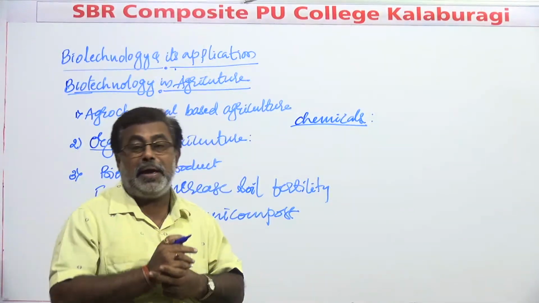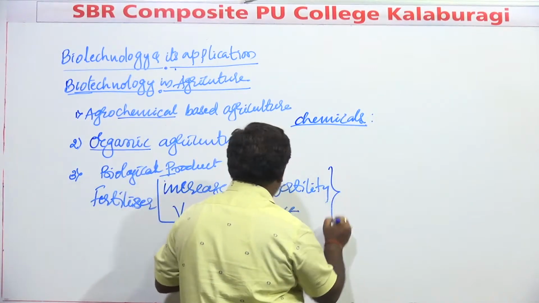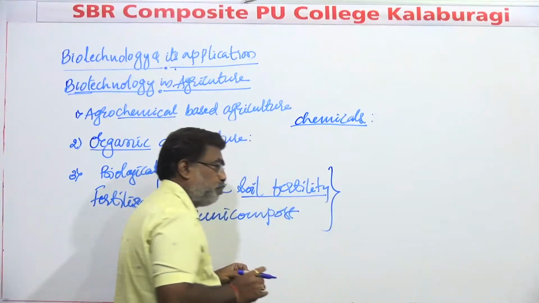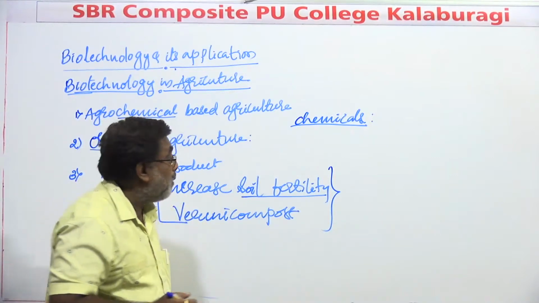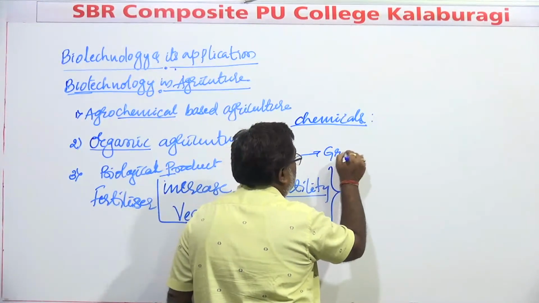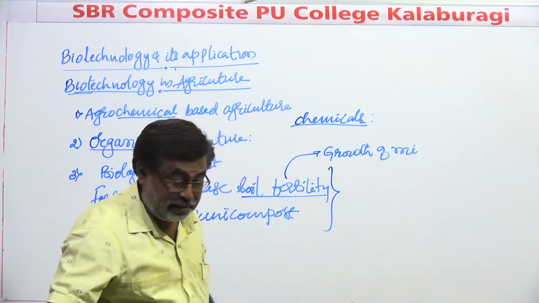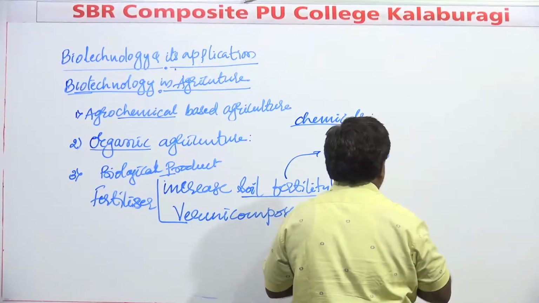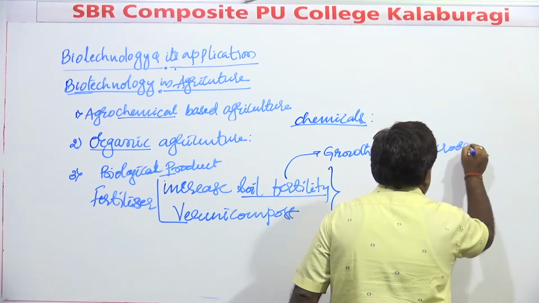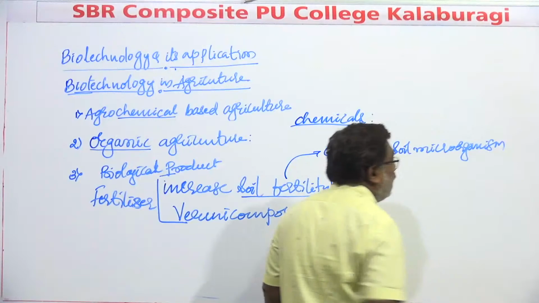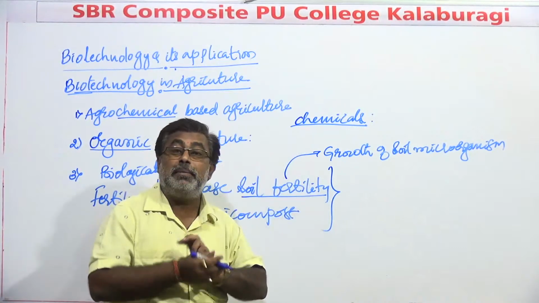By using the organic manure, what happens? The fertility of the soil will increase. So how will the fertility of the soil increase? By the growth of soil microorganisms. By the growth of soil microorganisms, the fertility of the soil will increase.